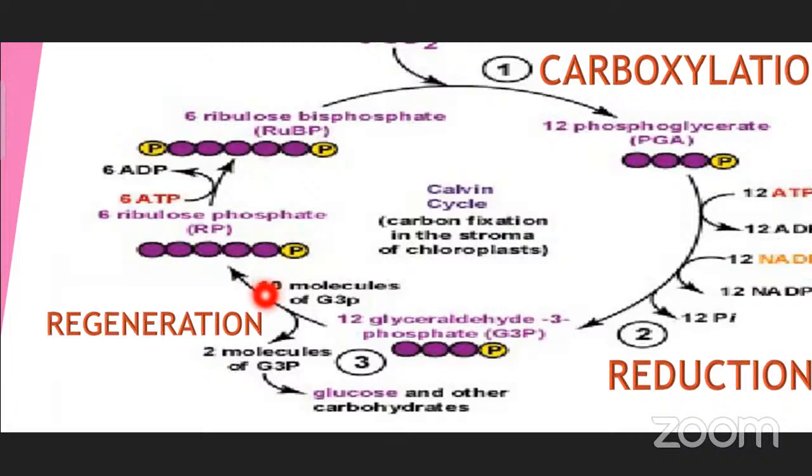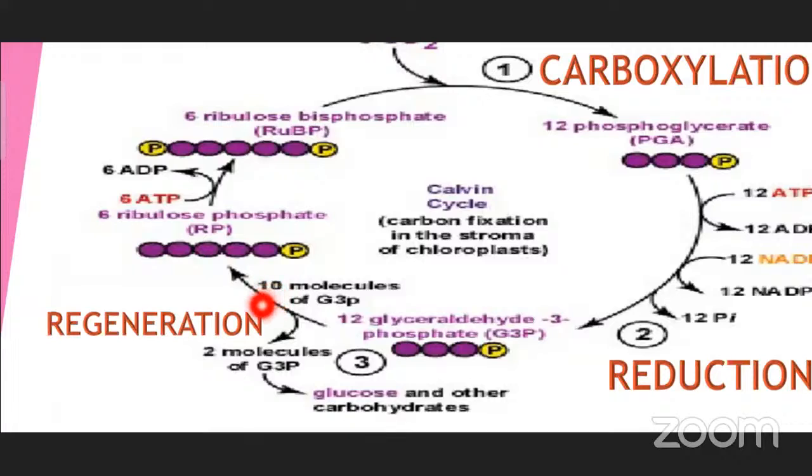And those 10 molecules will have 10 phosphates also. But from these 30 carbon molecules, we must get a product called ribulose phosphate, which has 1, 2, 3, 4, 5 carbons.